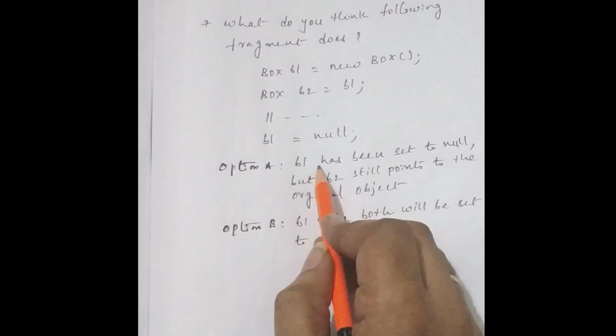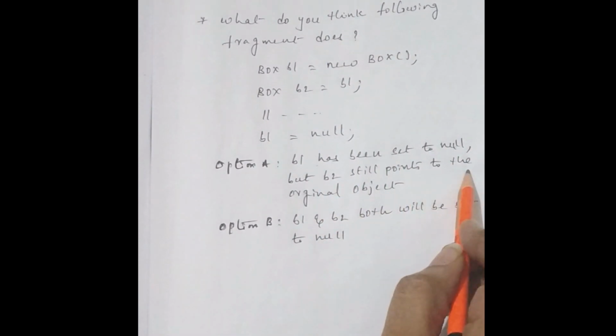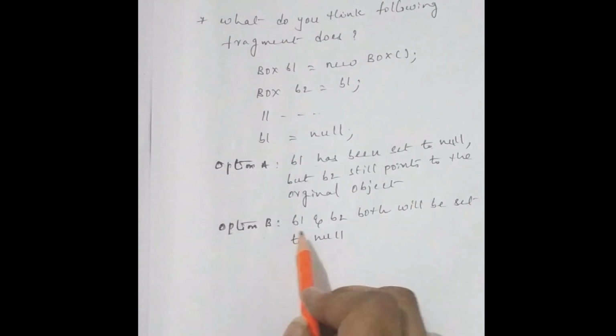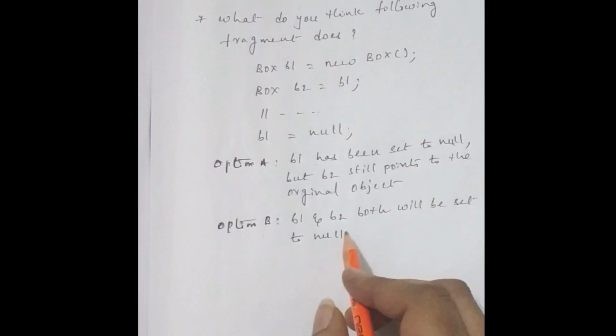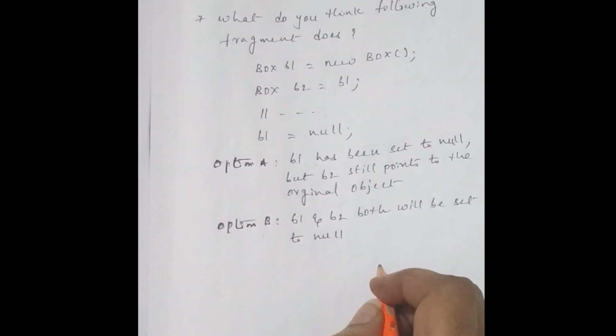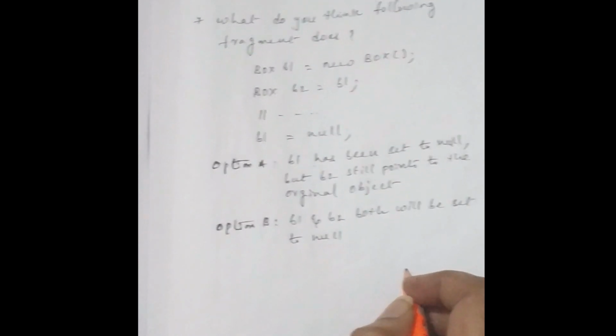Option A: B1 has been set to null, but B2 still points to the original object. Option B: B1 and B2 both will be set to null. So which answer is correct? Pause for 1 minute and try to find the correct answer.